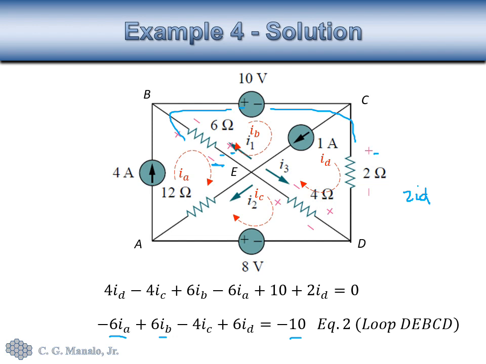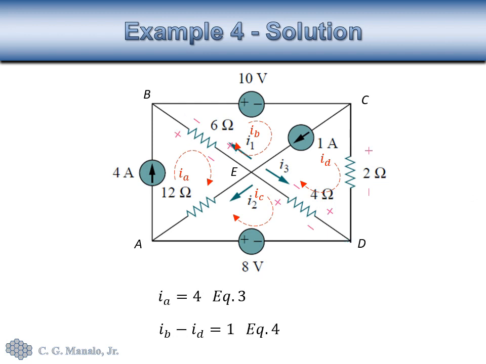There's only one loop current passing through 2 ohms. Then we proceed to the 4 ohms. We have plus 4ID. So that's why we have here 6ID. And then minus 4IC. So this is the term here. So that would be the equation for this loop DEBCD.